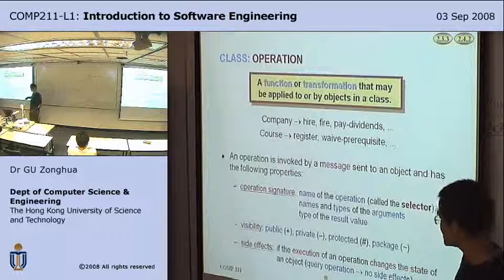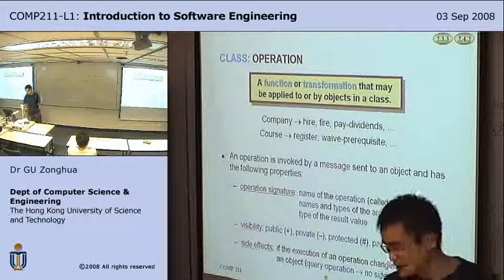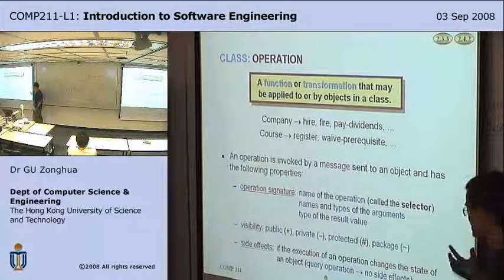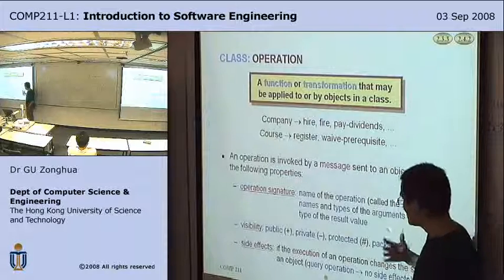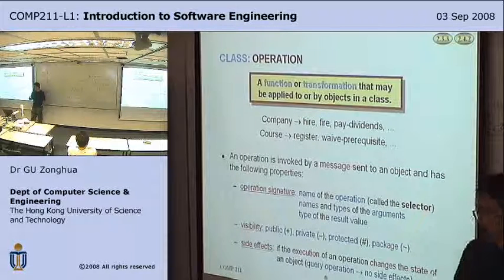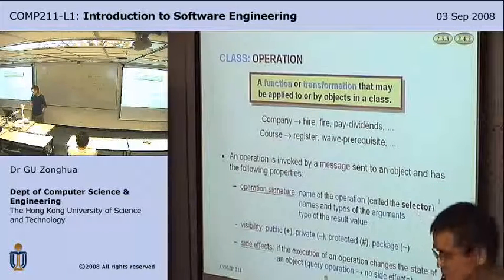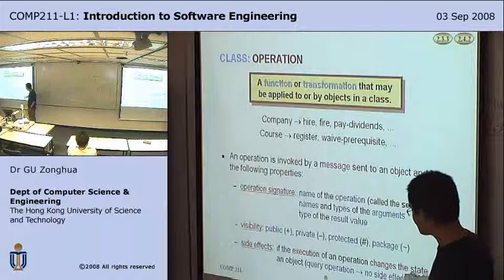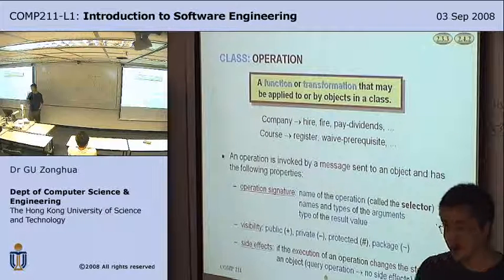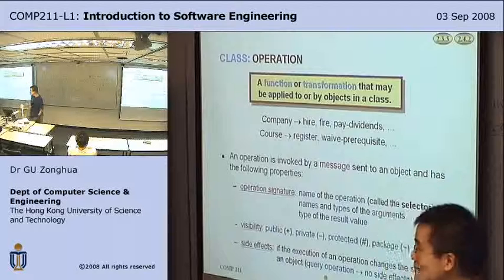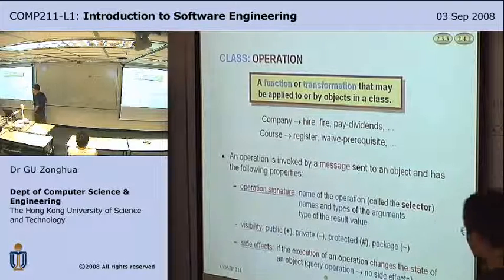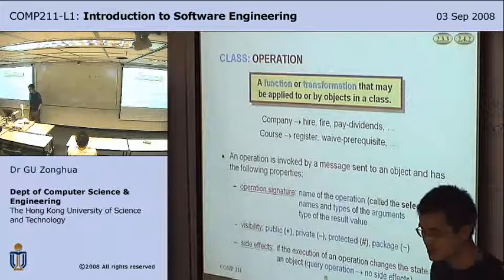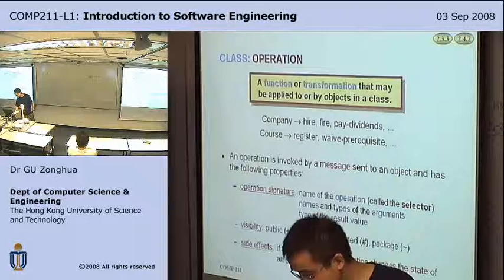It doesn't change the state of the object. For example, the bank account has a state, its balance. So if you call the get balance operation, the balance is going to stay the same. But if you call withdraw or deposit, these operations have side effects. They change the balance, change the state.